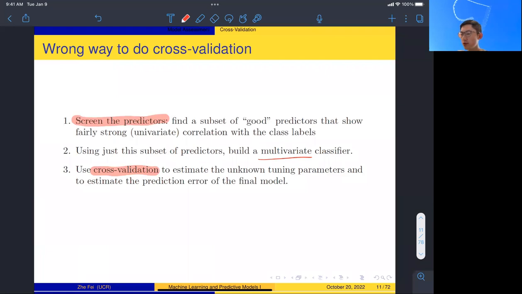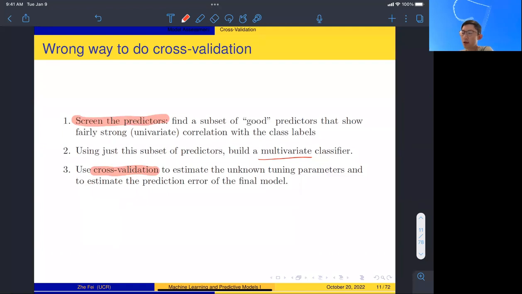But if you do the screening before cross-validation, people call this dipping into the water twice.